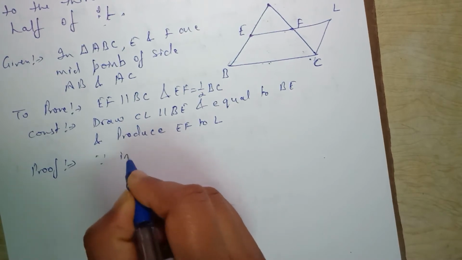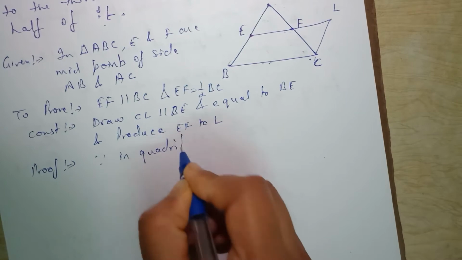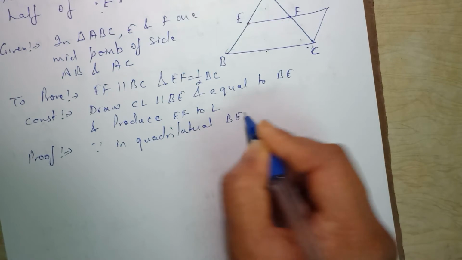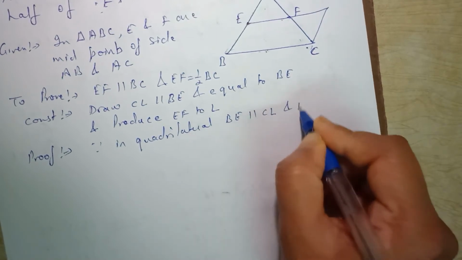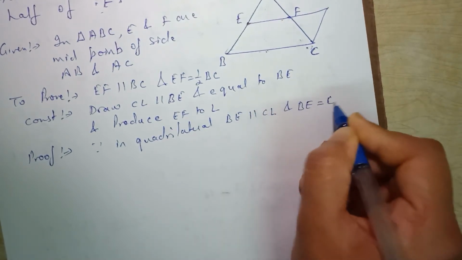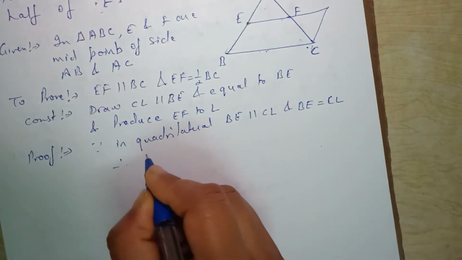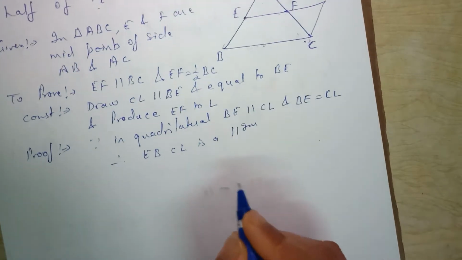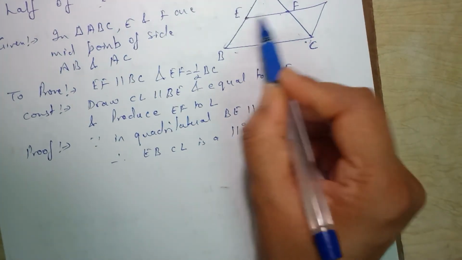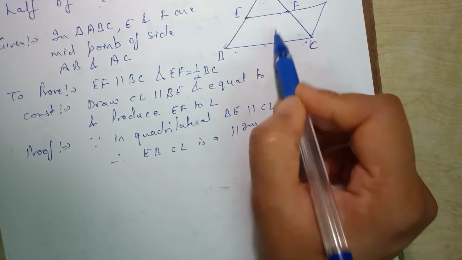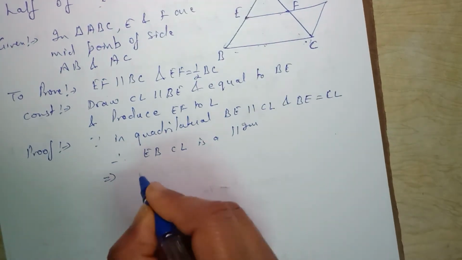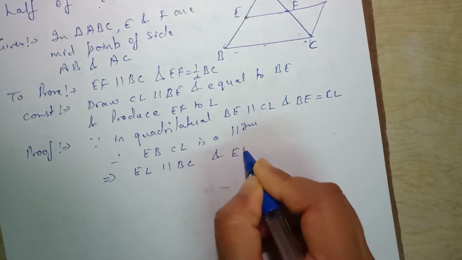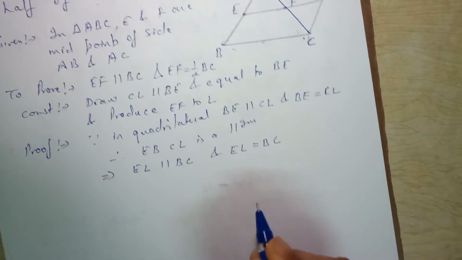Since in quadrilateral BE is parallel to CL and BE is equal to CL, therefore EBCL is a parallelogram. And if this is a parallelogram, then the other sides are also equal and parallel to each other. This implies that EL is parallel to BC and EL is equal to BC.